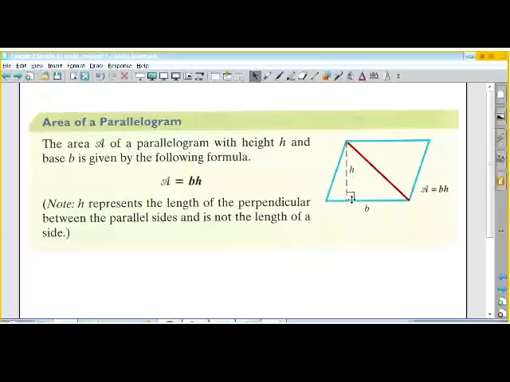Not the length of this side here, but the height, which is the distance from the base to the opposite side. They're showing the height to be this distance. But the height is always the distance between the two parallel sides. That doesn't change no matter where I draw this thing.